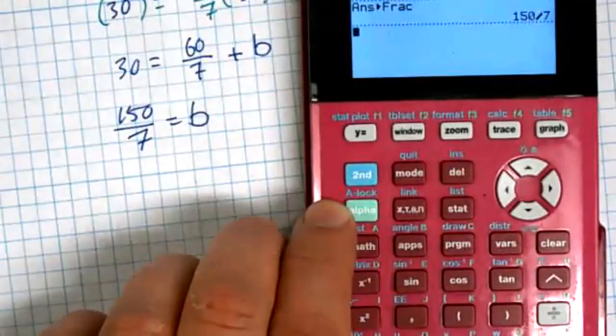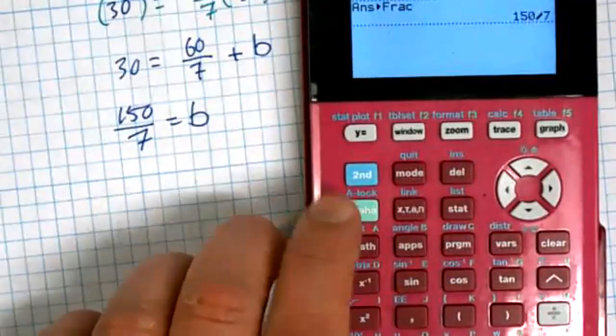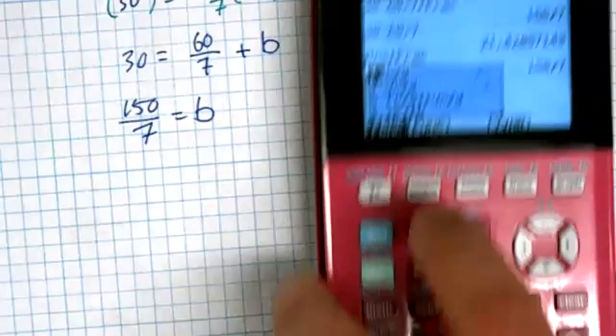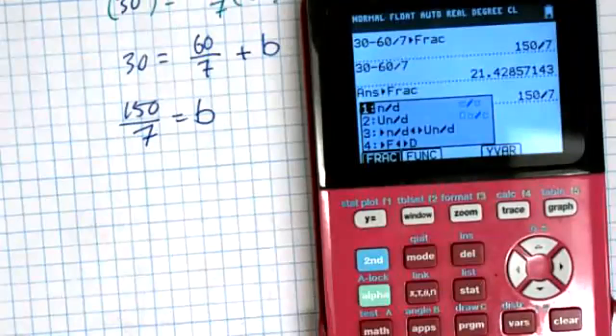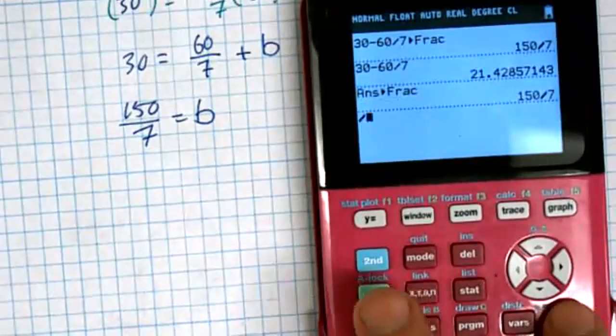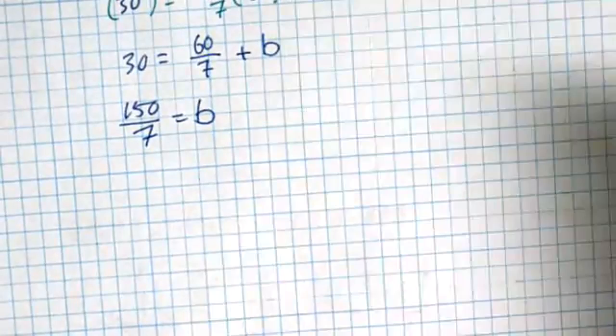Oh, okay. Alpha y equals. Oh, look at that. Yeah, that's right. Alpha y equals will get you a fraction too. We'll make you a little fraction. Okay, cool. All right, well, let's finish this up.